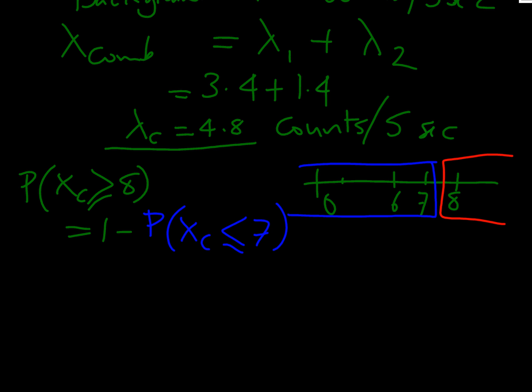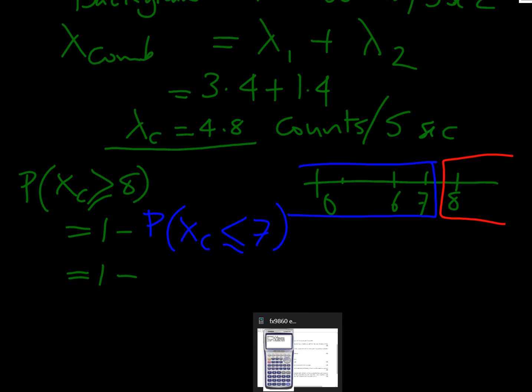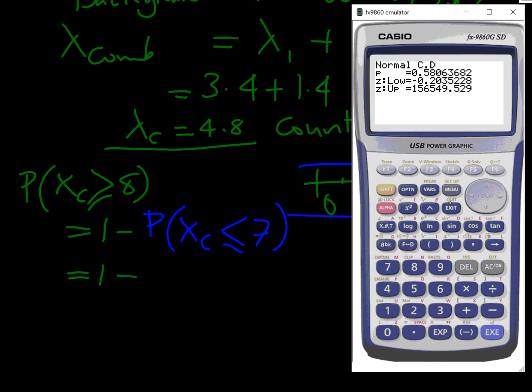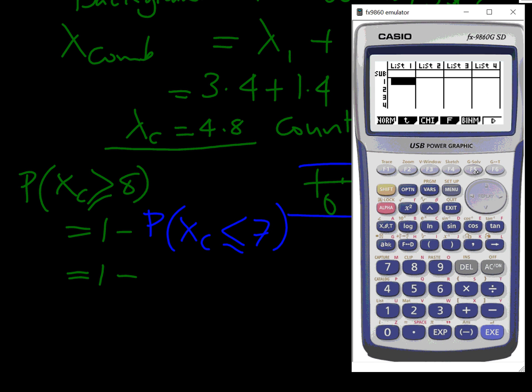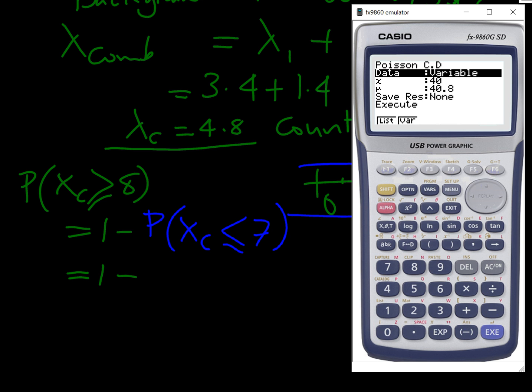There we go. So let's work this one out quickly, which is 1 minus, let's get our calculator out. Here we go again. Exit, exit, distributions, Poisson, and we're into PCD here, aren't we? Because we're looking for the cumulative value here. Okay, let's work down. What's our target number of occurrences? It's 7. What's our mean?